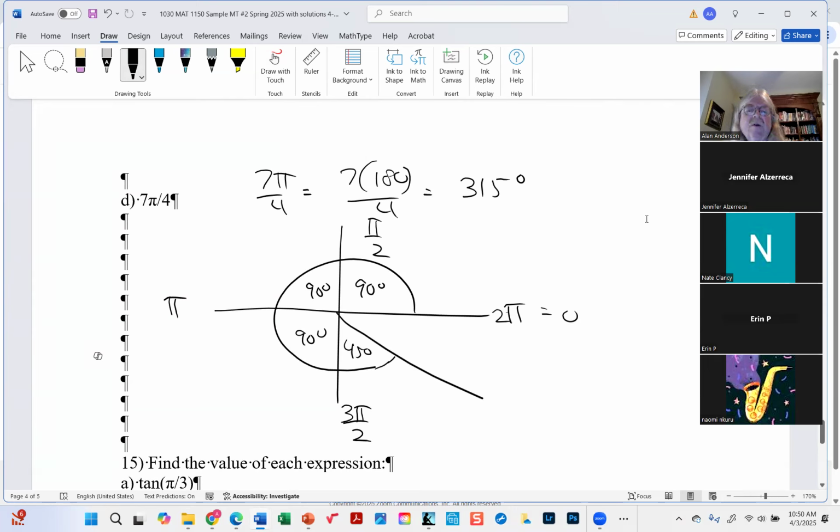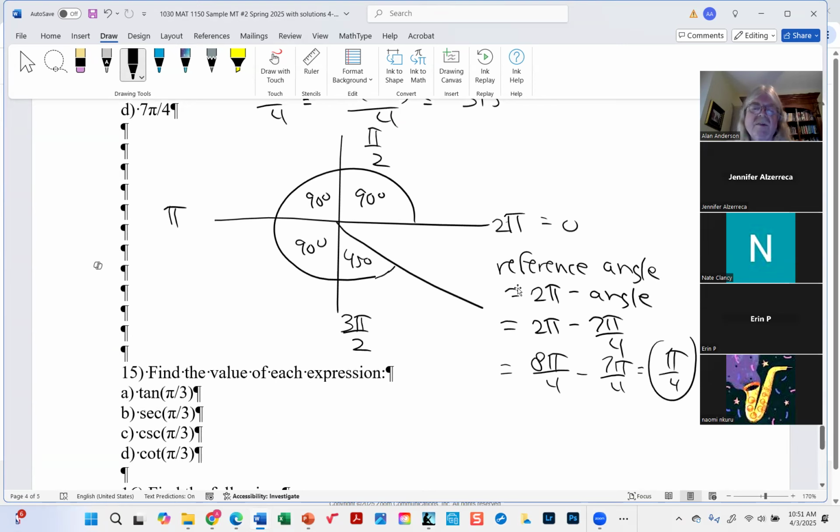So therefore, we're in the fourth quadrant, and the formula for the fourth quadrant is 2 pi minus the angle. So that means 2 pi minus 7 pi over 4. Now, of course, 2 pi is the same as 8 pi over 4. And that's pi over 4, which is 45 degrees. So that's exactly what we would have expected.